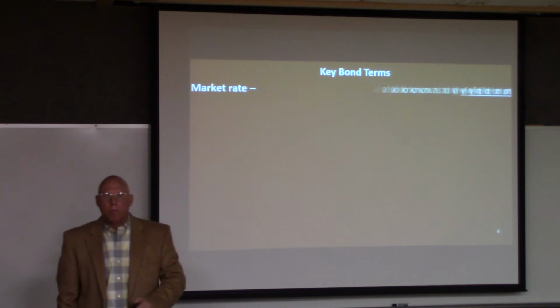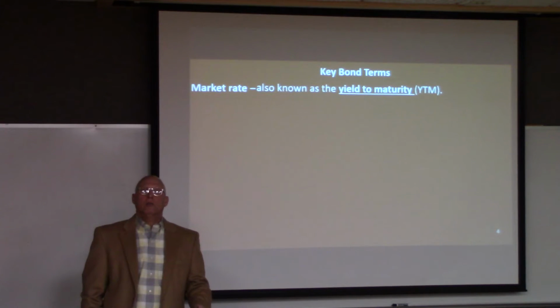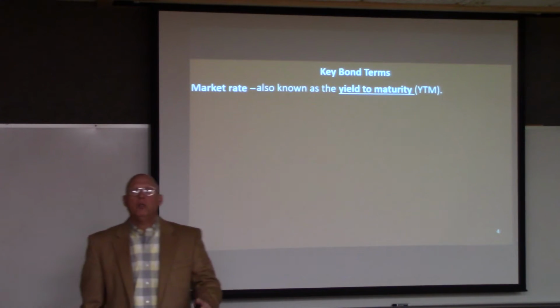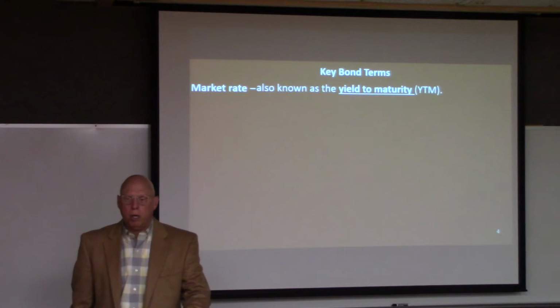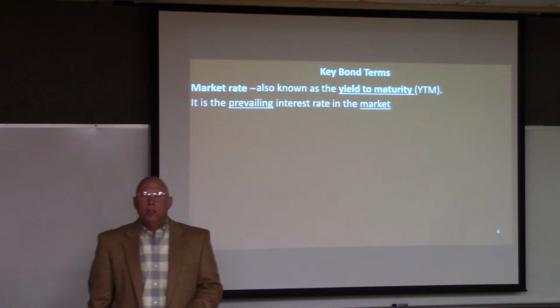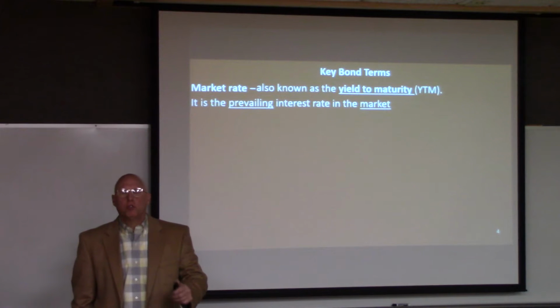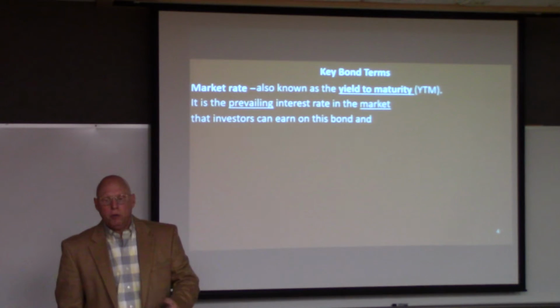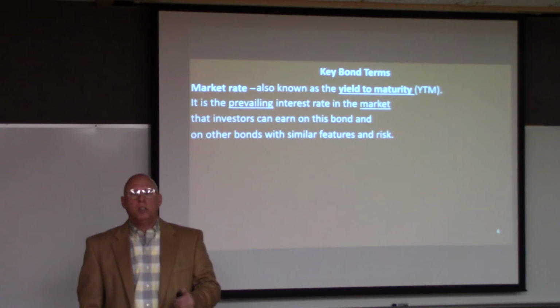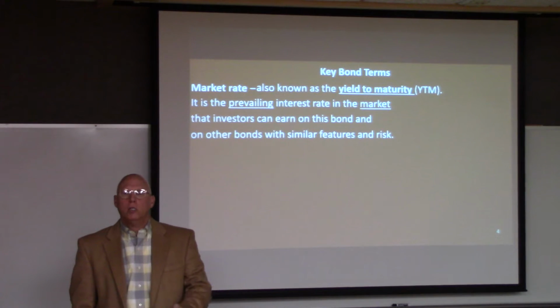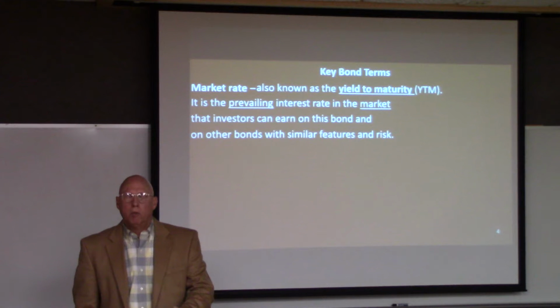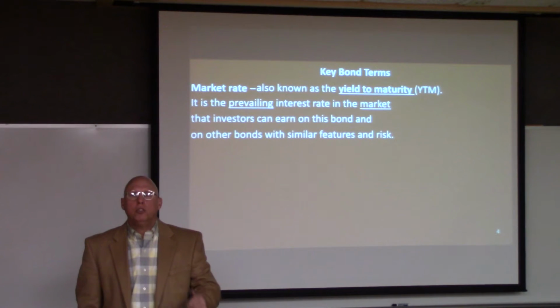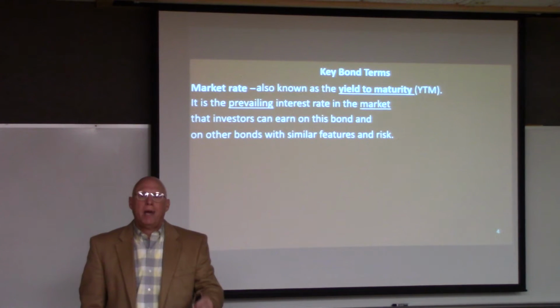All right, the market rate. It's also known as the yield to maturity, what you will actually earn on your bond. This is the prevailing interest rate in the market that investors can earn on this bond that you're buying and on other bonds with similar features and risk. The coupon rate is used to compute the coupon payment.